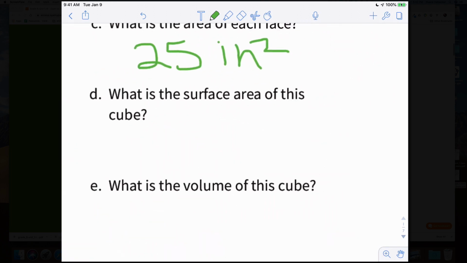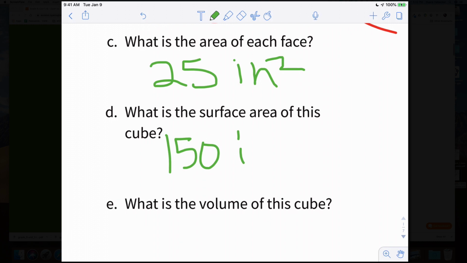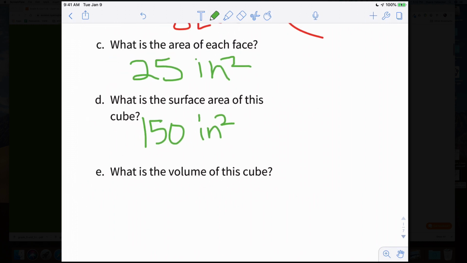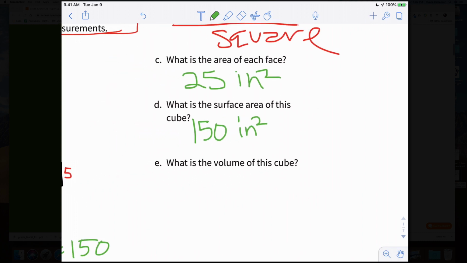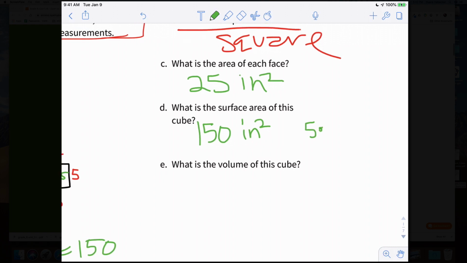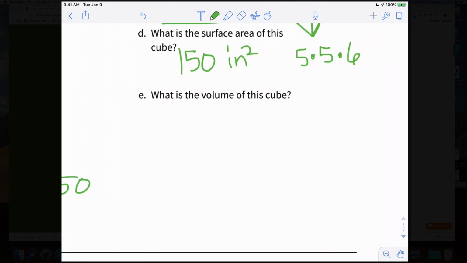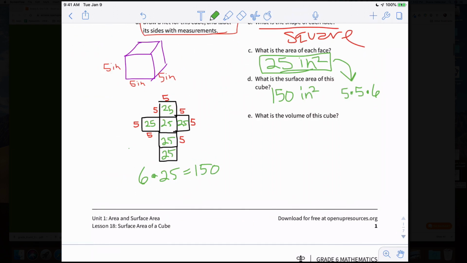So we know that the surface area is 150 inches squared. And how did we get that? Remember, each face was 5 times 5, and then we multiplied by 6 because there were 6 faces.